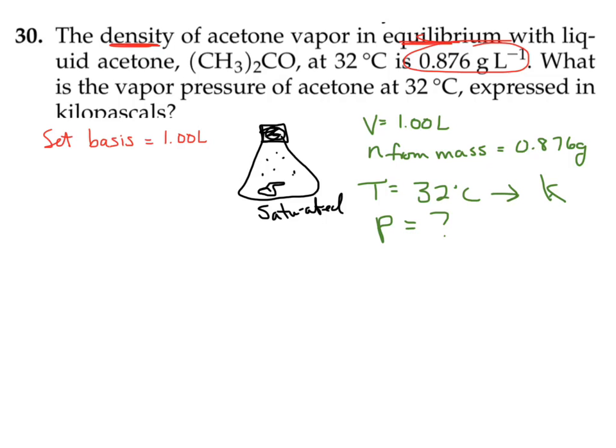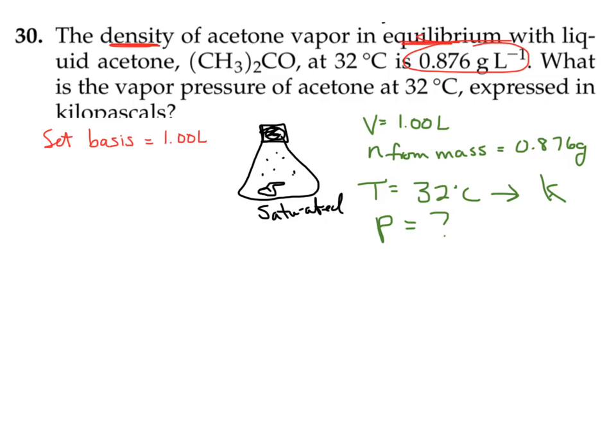So the thing it gives you is actually a physical property. It gives you the density of the vapor when it's in its equilibrium phase. So I drew some liquid there, and I drew the particles, those are the gas particles there, and equilibrium is established. So that gas is running 0.876 grams for every liter you got.